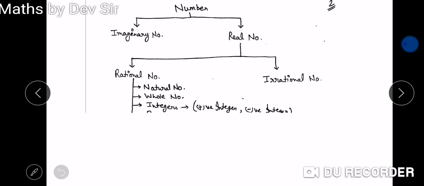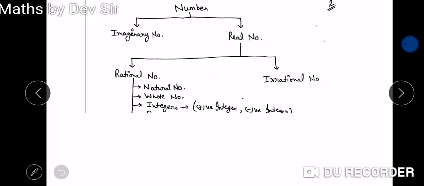Next is number. So there are two types of numbers. First one is imaginary number and second one is real number. Imaginary numbers means numbers which are not real.